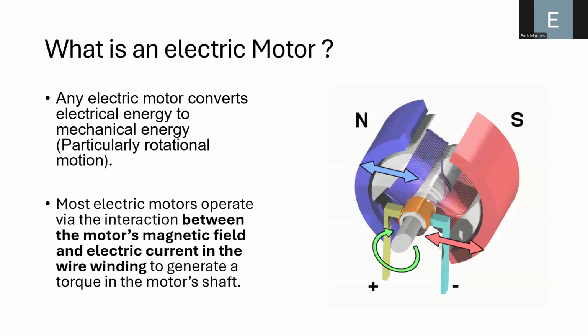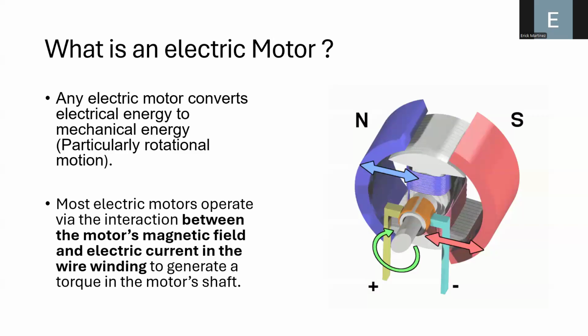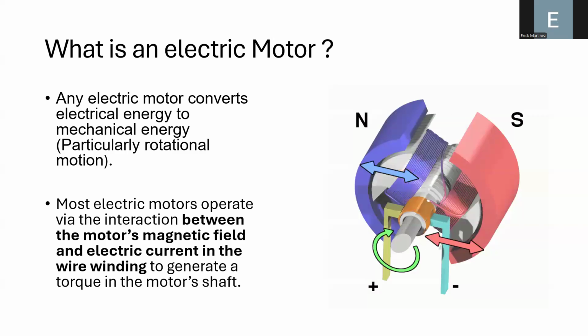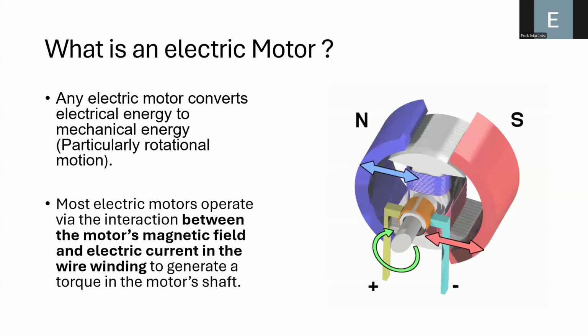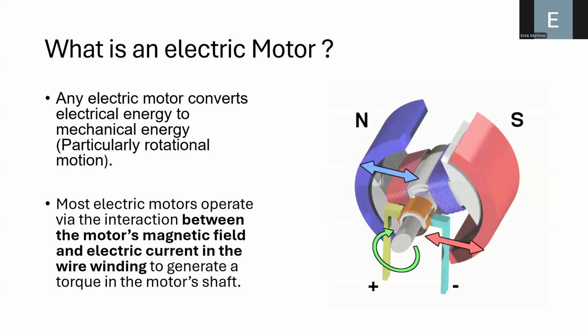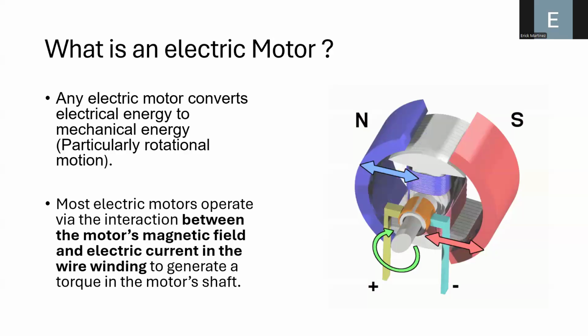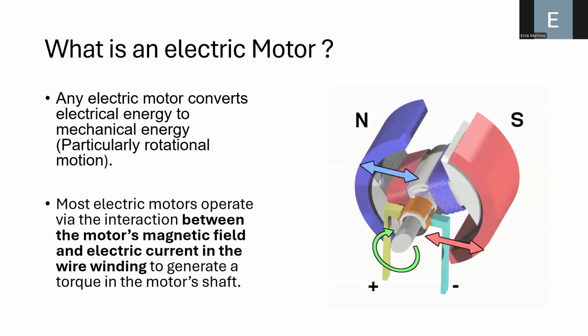So the conductors in the rotor are being induced by a voltage due to the presence of this magnetic field in the stator. We are inducing a voltage because we are placing these conductors inside a magnetic field that is also changing, because it is rotating.